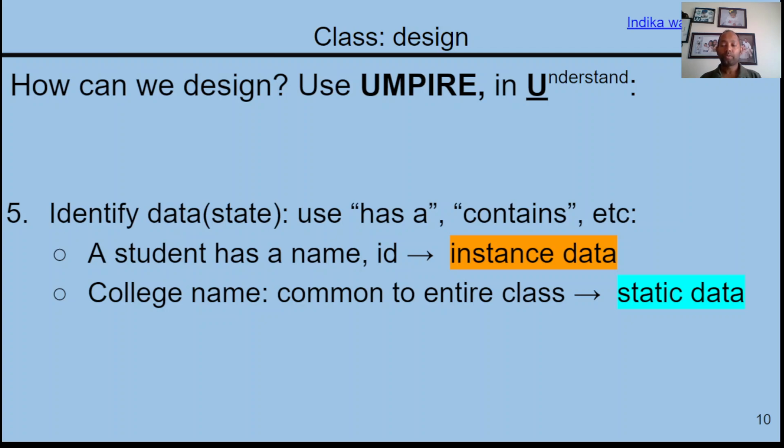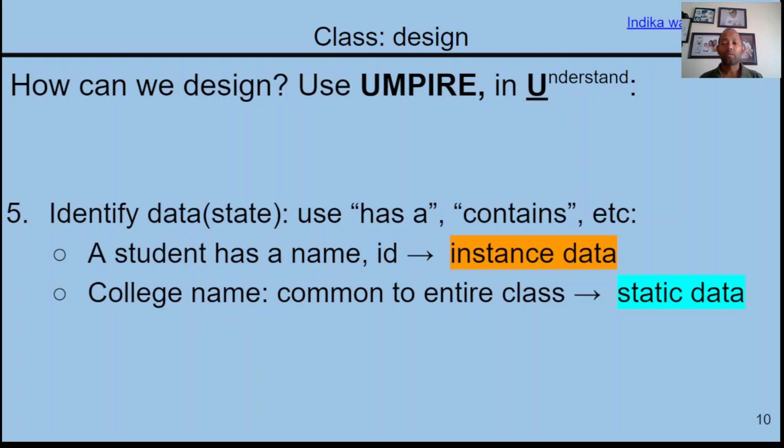Now the next step is to identify the state of your class. Again, a class has things, so the data has a relation to the class, and you can identify them with words like "has" or "contains" or similar meaning. Those are the vocabulary that you look for.